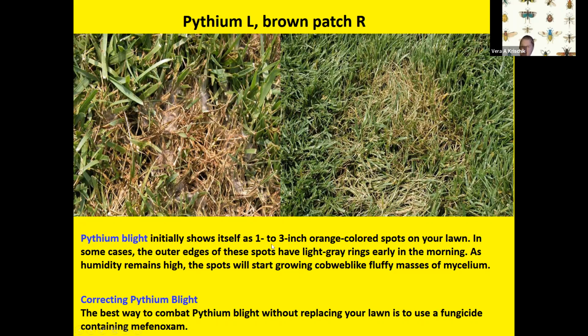In some cases, the outer edges are light gray rings. As humidity rises, the spots will grow cobweb-like fluffy masses of mycelium. The best way to combat Pythium is to use a fungicide containing mefenoxam.